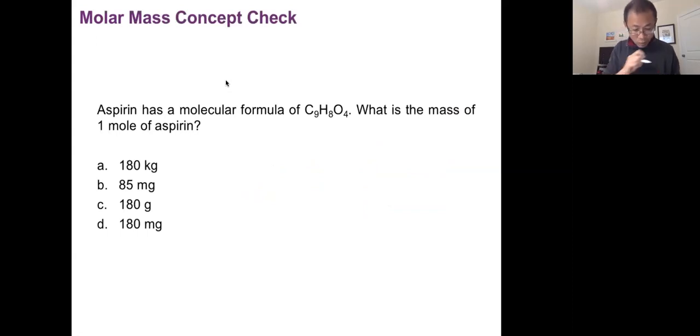Next, what is the mass of 1 mole of aspirin? This question goes to Maxine. Guys, have a calculator with you, okay? You know I told you this chapter is all about the calculations. 1 mole of aspirin, Maxine?